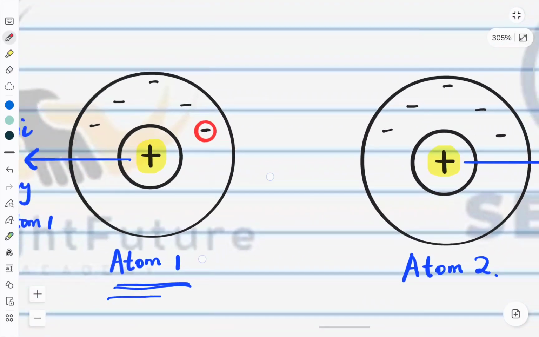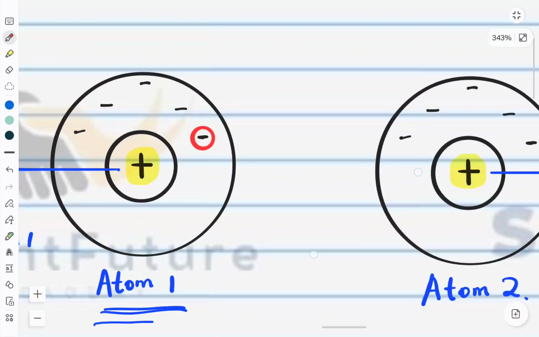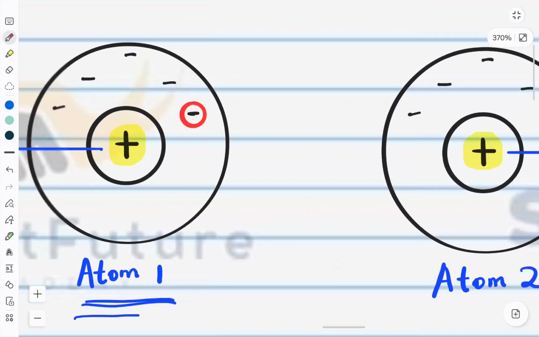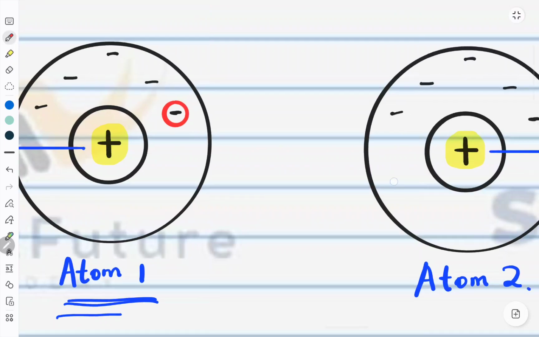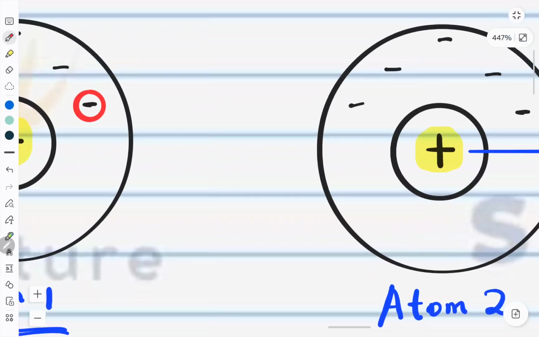The same thing is also going to happen on atom 2 to atom 1. So what I mean by that is the electron on atom 2 will exert a force of attraction on the nucleus of atom 1. Okay, so let's try and draw this.